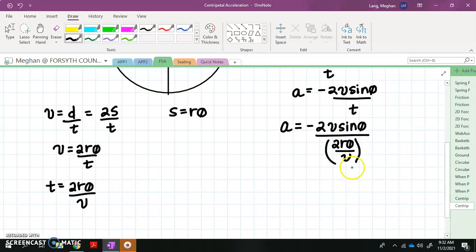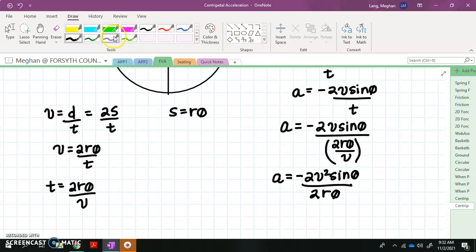And when I divide by a fraction, I can multiply by the reciprocal. So that's going to make this negative 2 v squared sine theta divided by 2r theta.